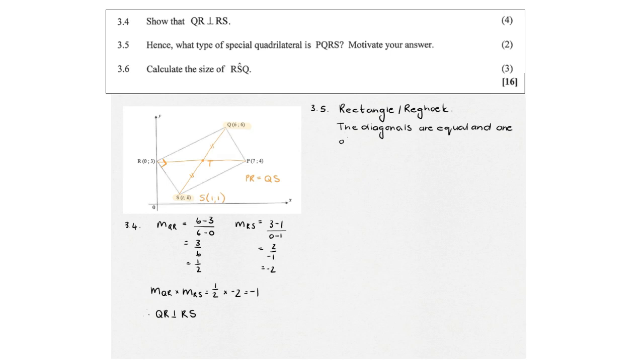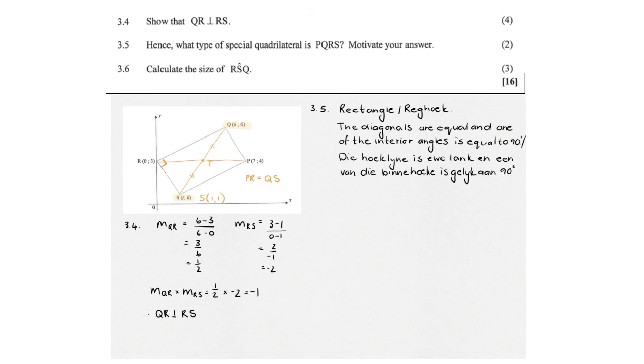That means the diagonals of this quadrilateral are equal, and in question 3.4 we showed that QR is perpendicular to RS. So that means angle QRS is 90 degrees, and if one interior angle of a quadrilateral is 90 degrees and the diagonals are equal, it means this is a rectangle. And this question counted 2 marks. You get 1 mark for the answer rectangle and 1 mark for the reason.